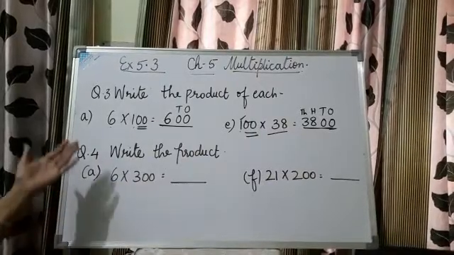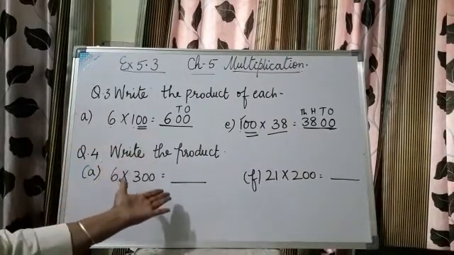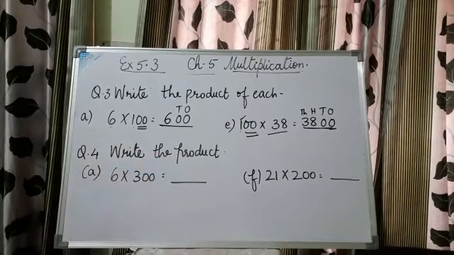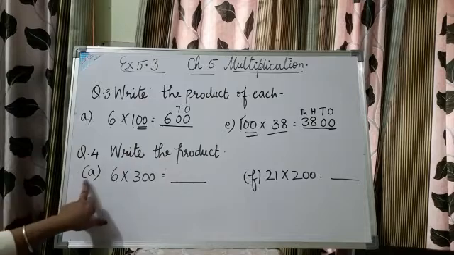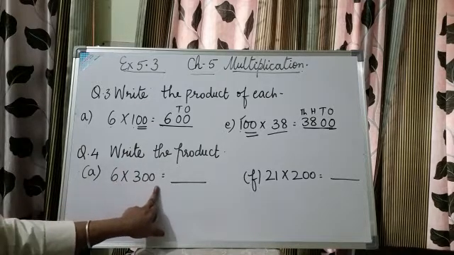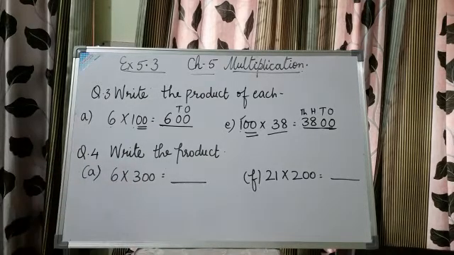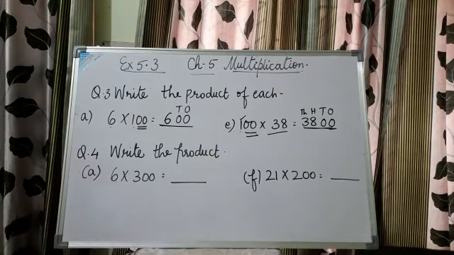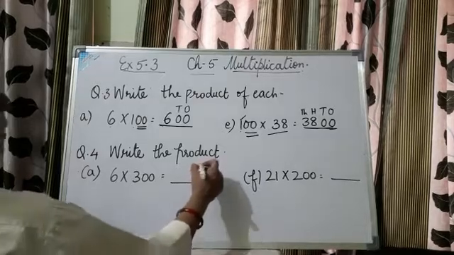Question number 4. Write the product. Children, these questions are all blanks. We are supposed to fill the blanks using the facts or the rules of multiplication. A part says 6 multiplied with 300. Here again we are going to use the third rule, that is multiplying with 100.